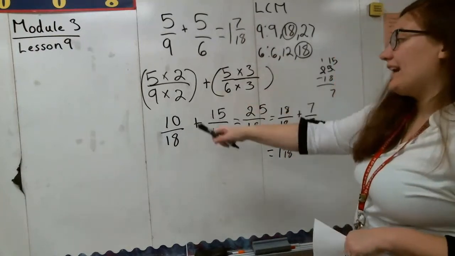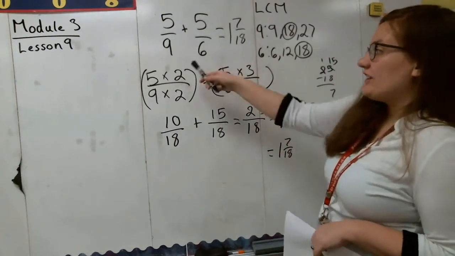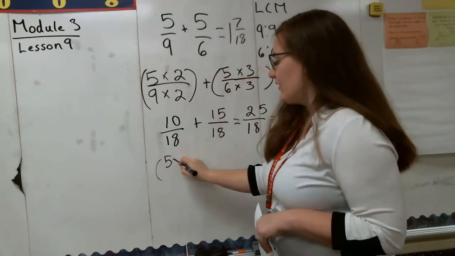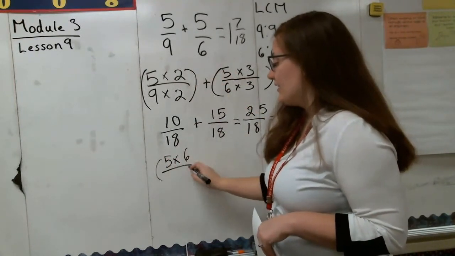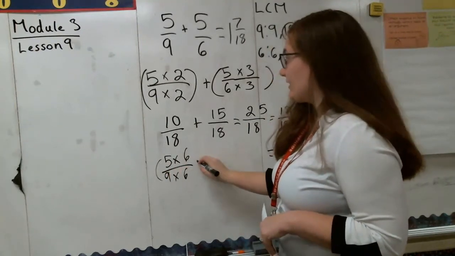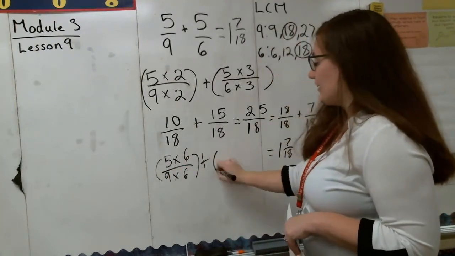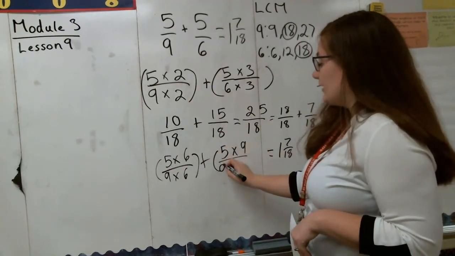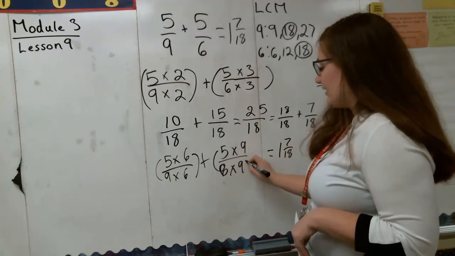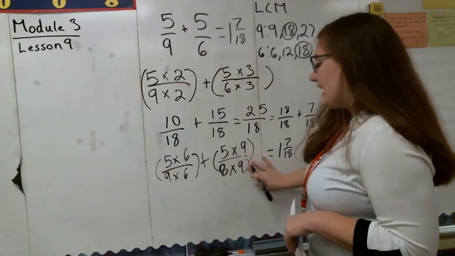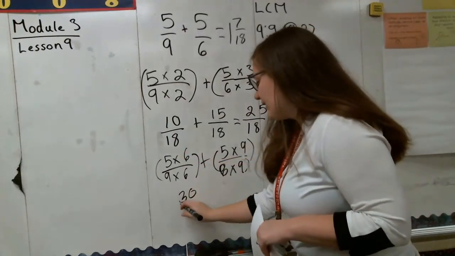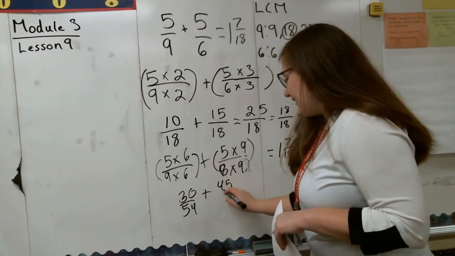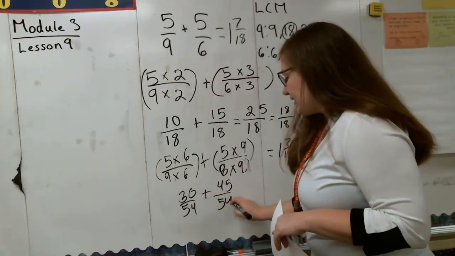And again, this is way easier than if I just kept the 9, if I just did 5 times 6 over 9 times 6 plus 5 times 9 over 6 times 9. Because what I would have gotten is 30/54ths plus 45/54ths.